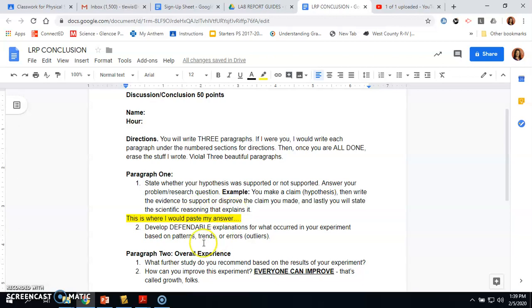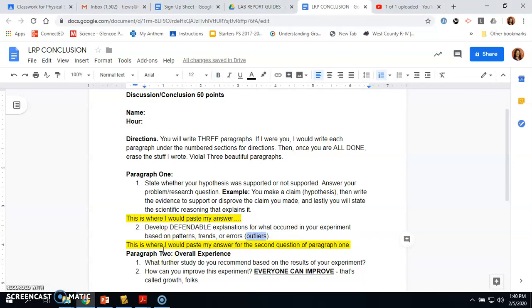Then where I've highlighted here, this is where I would paste my answer for the second question of paragraph 1. So still in paragraph 1, here's the second question. Develop defendable explanations for what occurred in your experiment based on patterns, trends, or errors, outliers. If you don't know what this is, look it up.